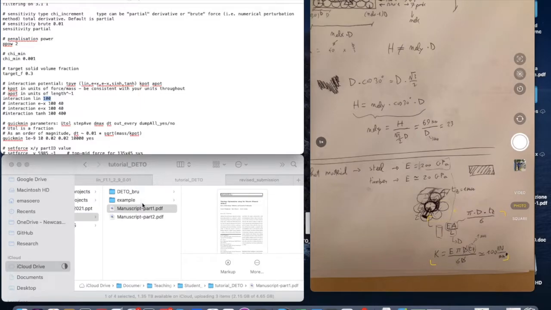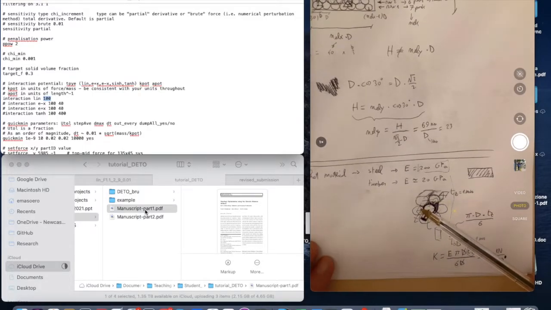This is explained also in manuscript part 1, just a bit faster than what I've done here. So these interactions will be very important because as we apply a displacement, and we will see later how we apply a displacement, we will deform the structure. As we deform the structure, the particles will try to move.